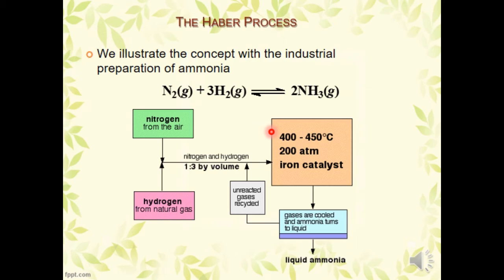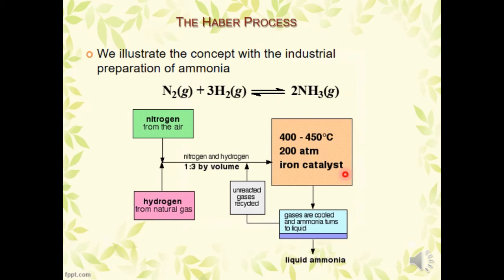Another thing that can be done is addition of catalyst. So remember, kinetically, catalyst will speed up reaction, but it will not interfere with the equilibrium itself. So adding iron catalyst to the reaction will speed up the reaction to form ammonia at a faster rate.